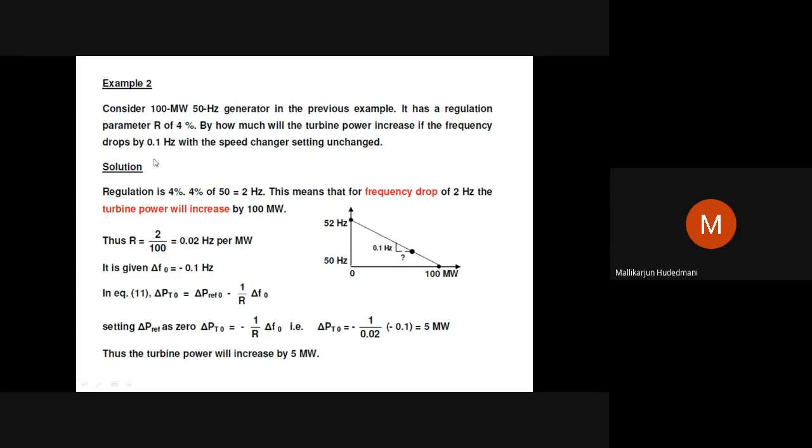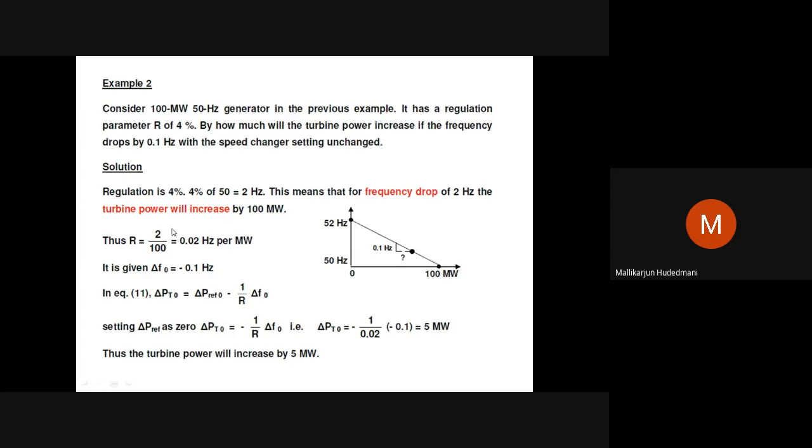When there is a governor action, the governor is meant to make the error in the frequency 0 by subsequent correction in the input fuel of the turbine. So in this simple example, a 4% of 50 hertz makes your droop of 2 hertz. For 2 hertz of deviation, it opens 0 to 100% of the capacity.